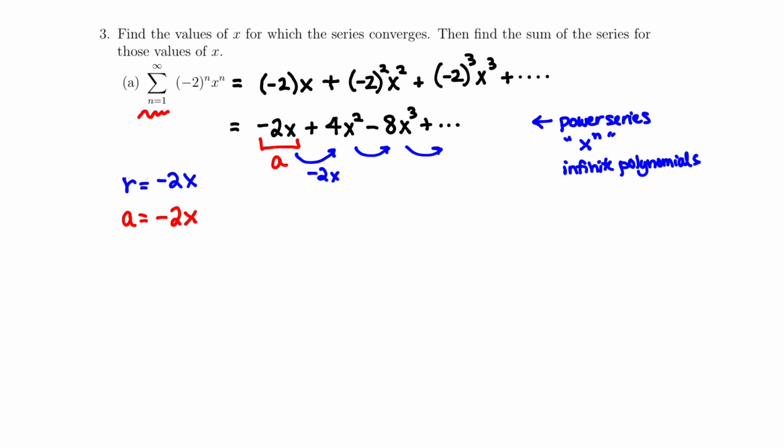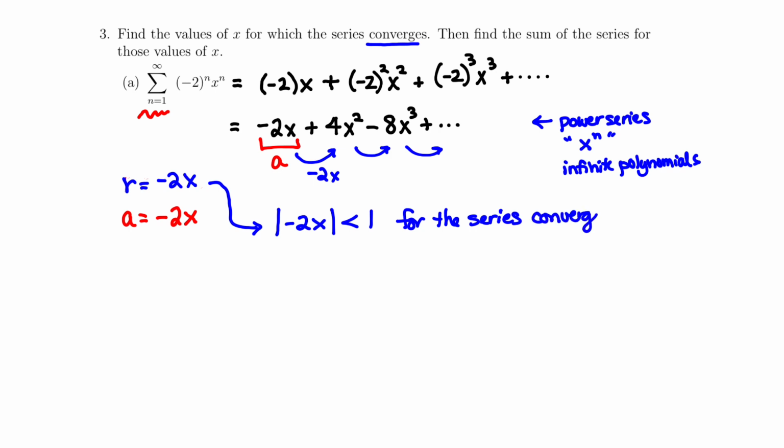In order to figure out if this series converges, we focus on the r, and we want to make sure that the absolute value of that r has to be less than 1 in order for the series to converge. And the absolute value of negative 2x is going to be the same as the absolute value of 2x.